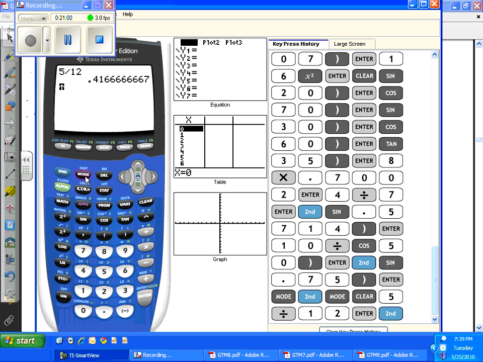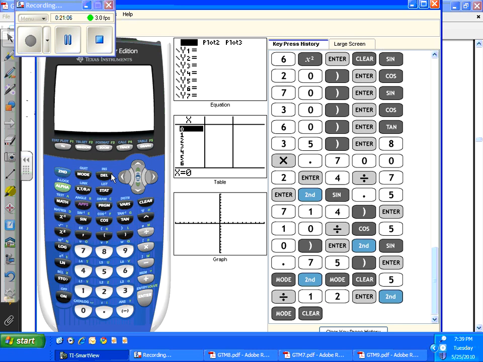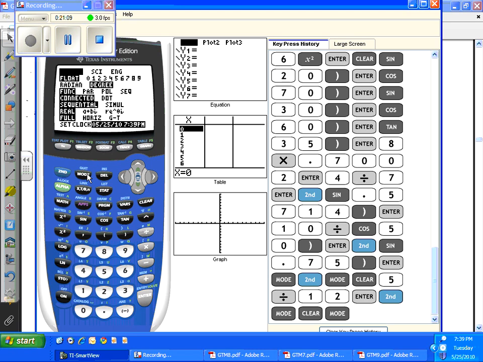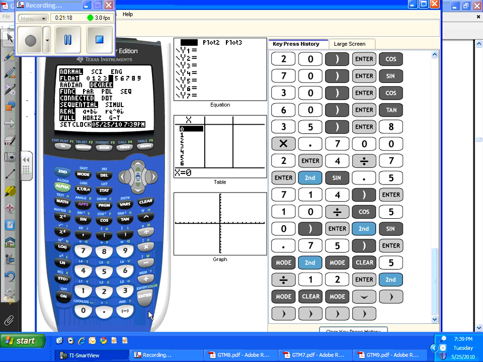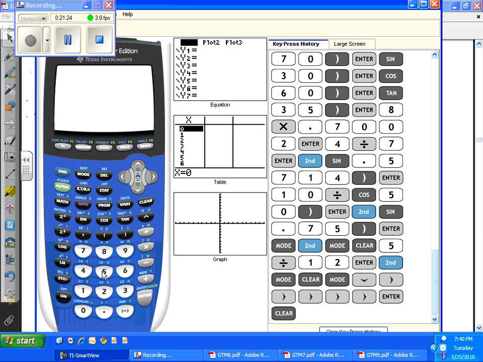0.4167 rounded. Now I'm going to go ahead and show you how to make the calculator round, since we've not let you for a long time and we're about done. So now you know how to round. So we're going to go to mode. The second thing there is float. So we're going to arrow down to float, and we're going to go out to 4. And what that'll do, when we hit enter, is make it round to 4 decimal places.